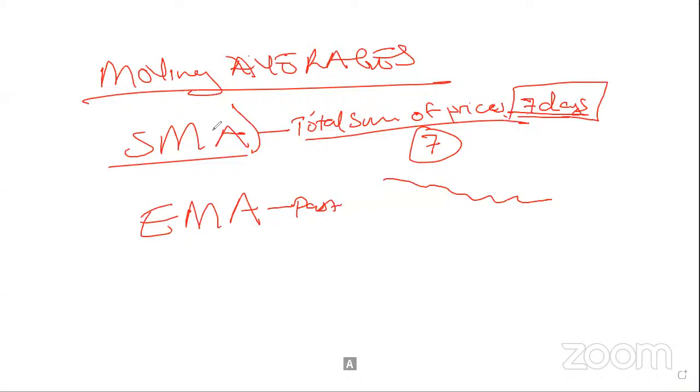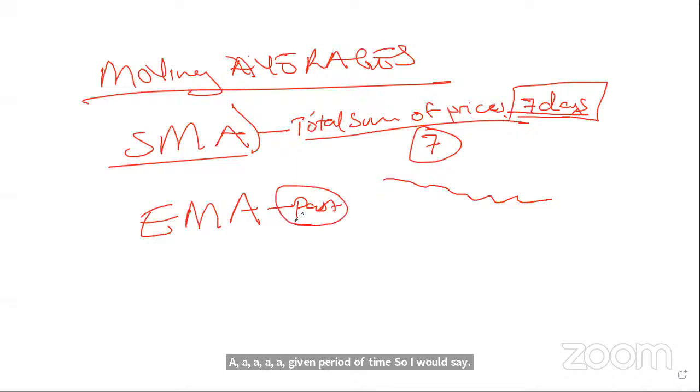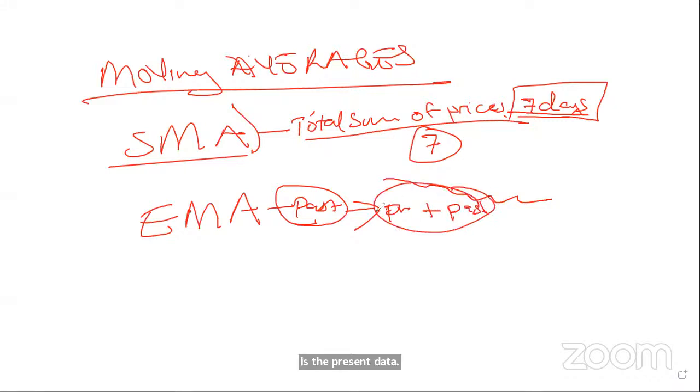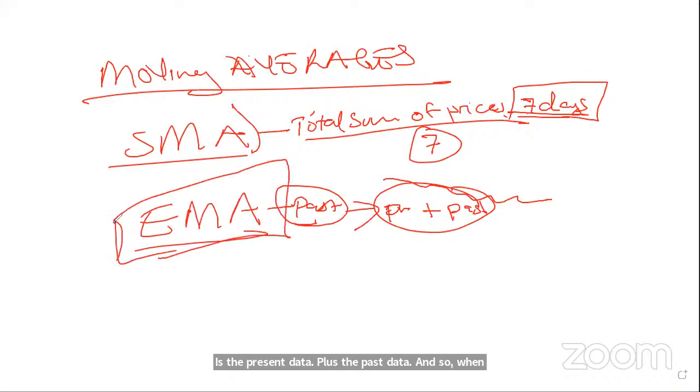So I would say that exponential moving averages are stronger. In simple terms, without confusing anyone, I will not go to the mathematics, it is the present data plus the past data. And so whenever someone uses the exponential moving averages, he gets better information than when someone uses the simple moving averages.